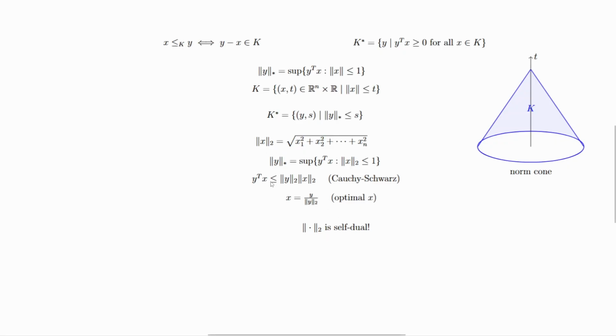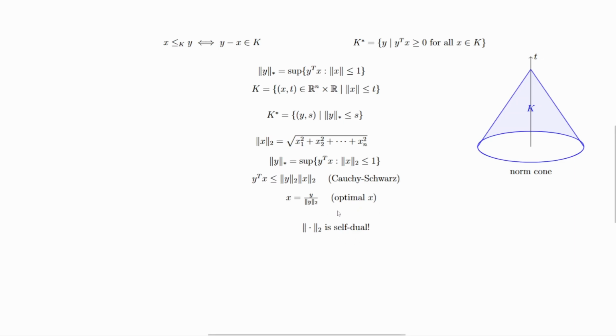So plugging in x into y transpose x, we have y transpose y, which of course is the norm squared over the norm of y. So if you cancel out one exponent, you're just left with the norm of y. And so we've shown that the dual norm of y under an L2 norm is equal to the L2 norm.